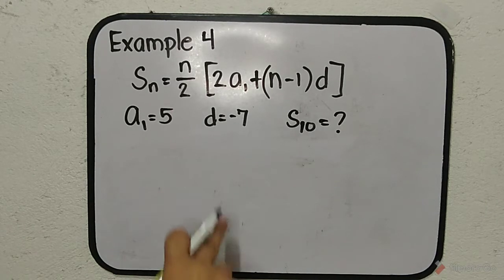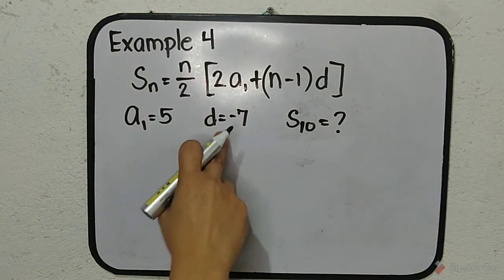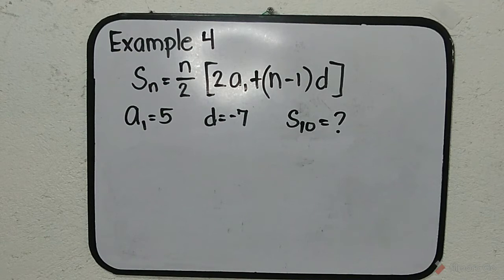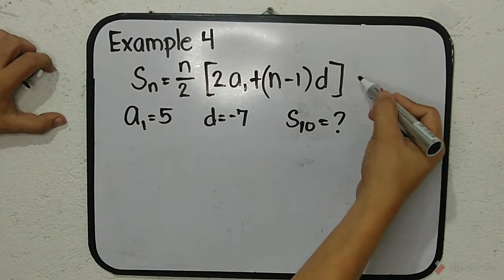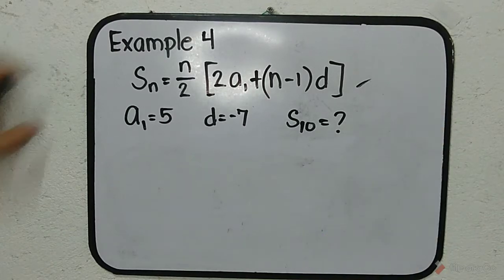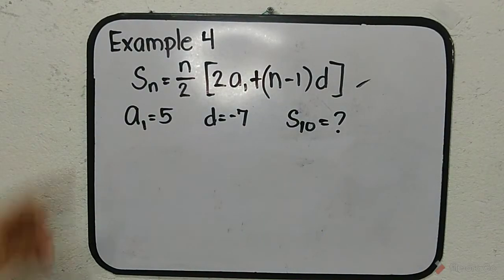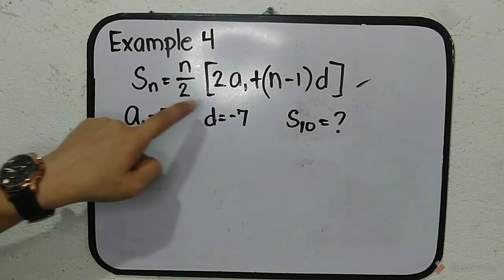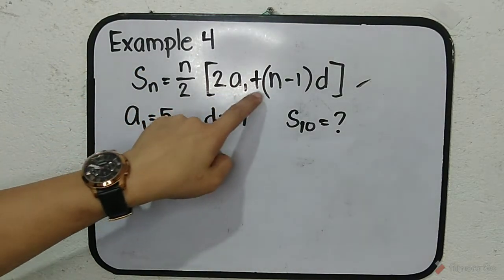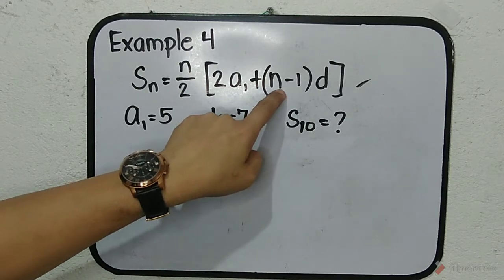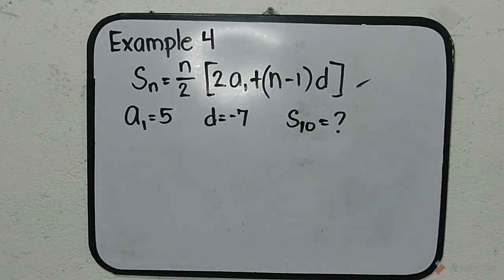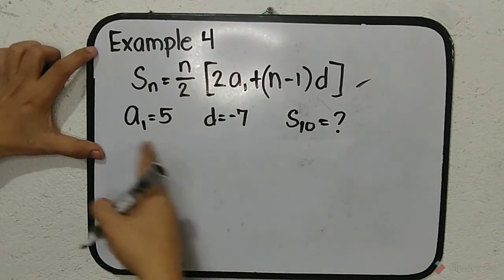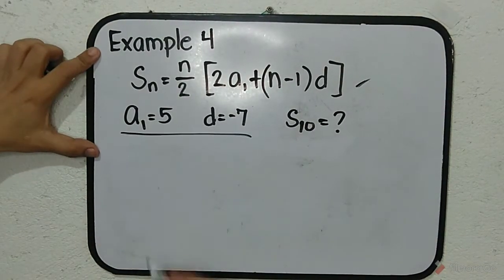And ibinigay lang sa atin ay ang ating common difference and ang ating a sub 1 or yung ating first term. Kaya gagamitin pa rin natin dito ang ating pangalawang formula, which is S sub n equals n over 2 times 2a sub 1 plus quantity n minus 1 times d or common difference. So let's plug in our given values.